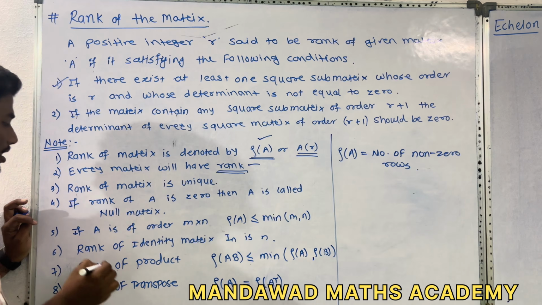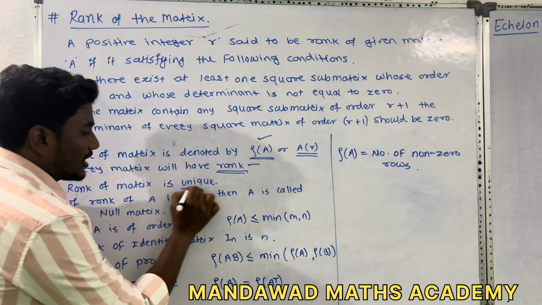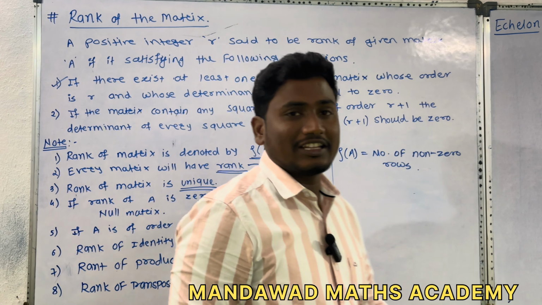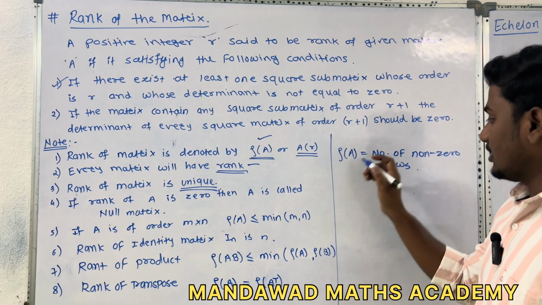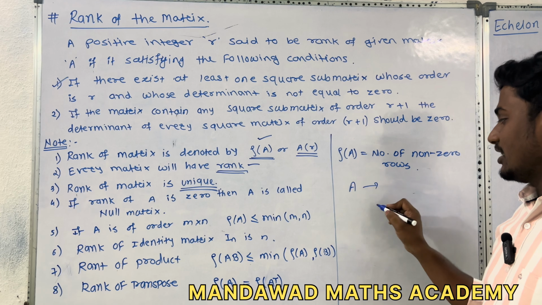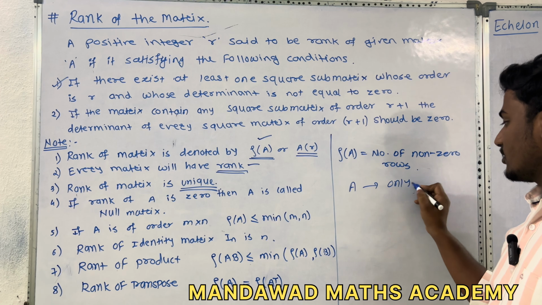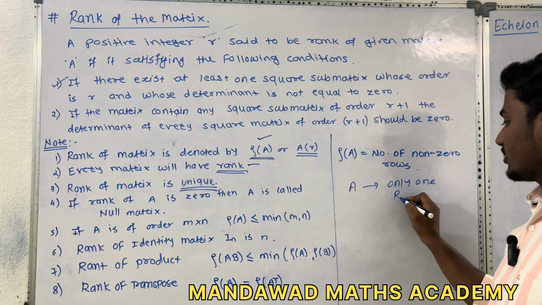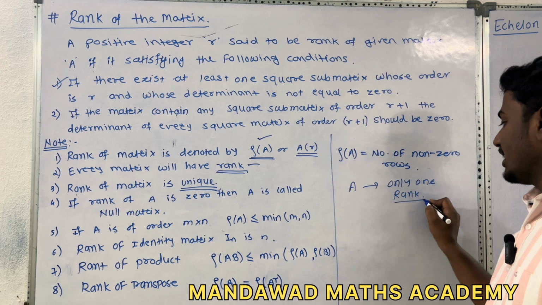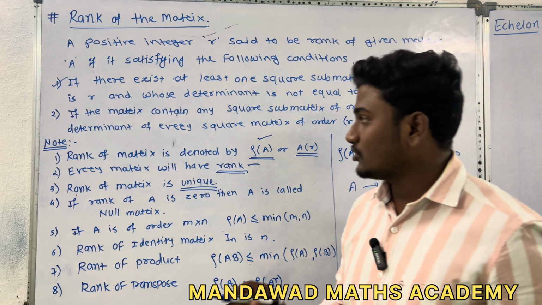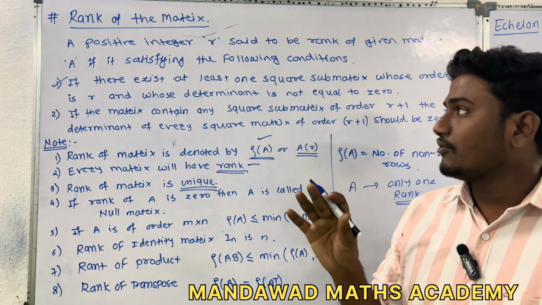You can remember, the rank of a matrix is unique. Unique means that for a given matrix A, it has only one rank. So there do not exist 2, 3, 4 ranks.